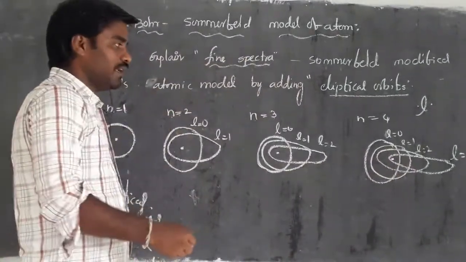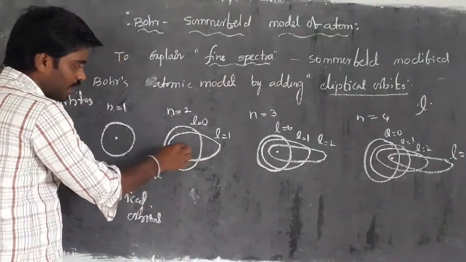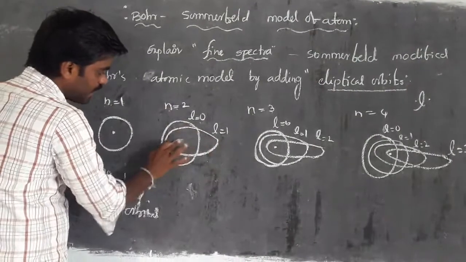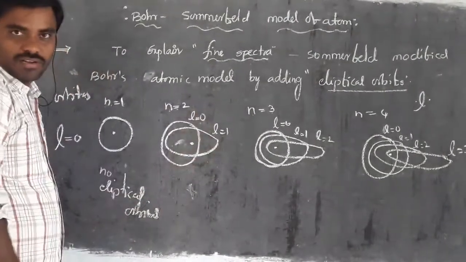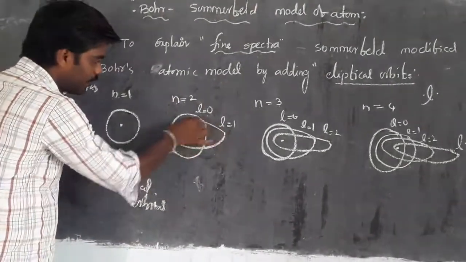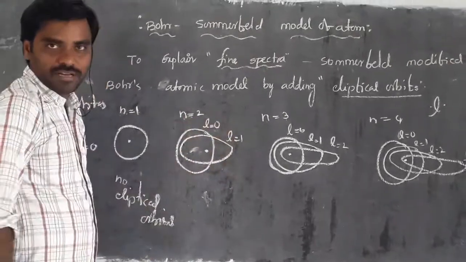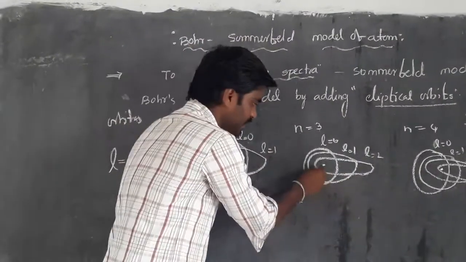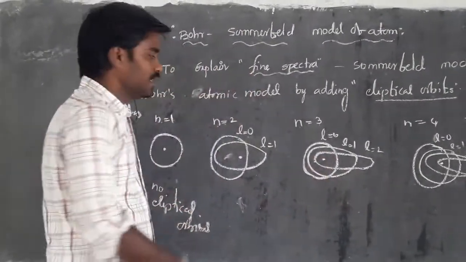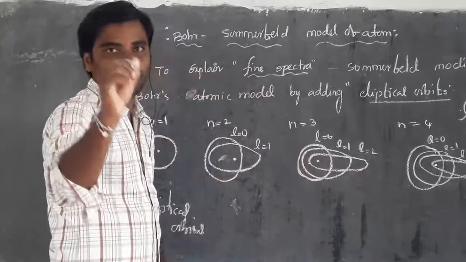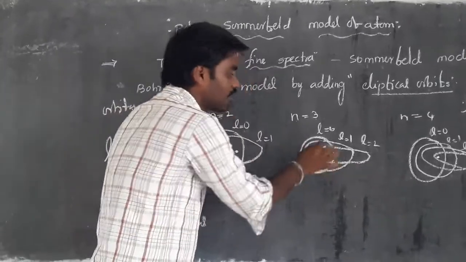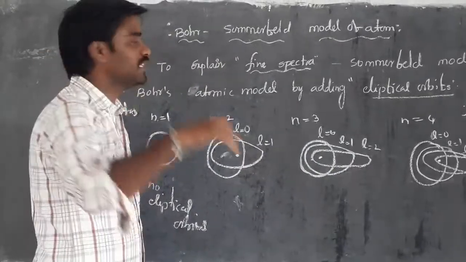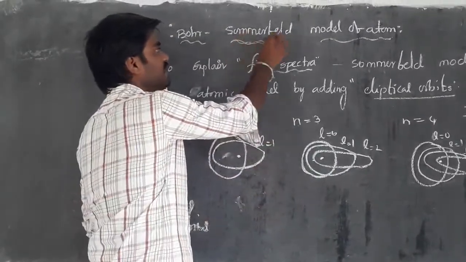If you take this particular midpoint, this is exactly the midpoint, and this is the foci of the elliptical one. So if you take any two elliptical orbits, any one of the principal foci is the center of the atom or nucleus of that atom. That concept was designed by Sommerfeld.